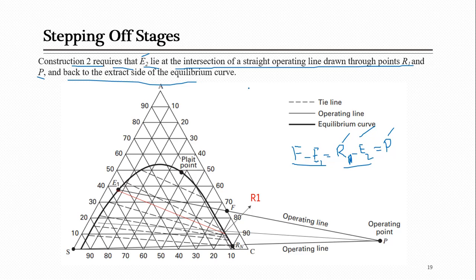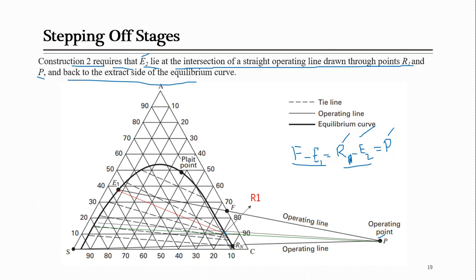If I extrapolate this line starting from P, passing through R1, to the extract side, it will cut the extract side at E2. Let's look at how it appears. This green line, you can see, I started from point P, and it is passing through R1.